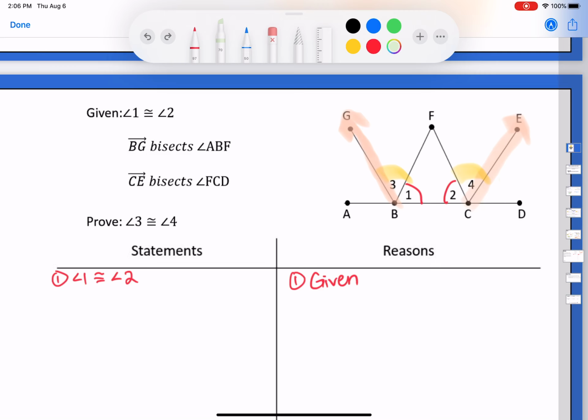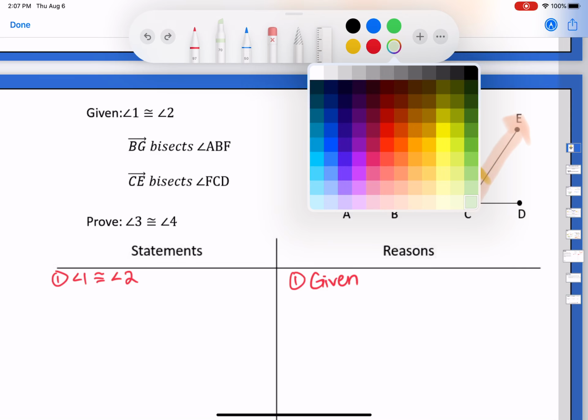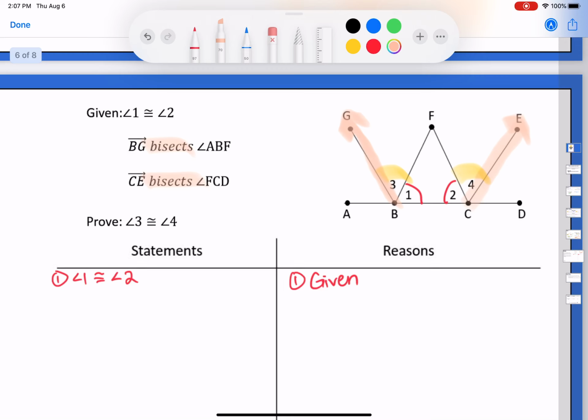I have the word bisect though, and so hopefully, maybe I could use the multiplication or the division property since I have the word bisect. Well, if I was going to use multiplication or division, I'm trying to end up with small parts, right? So if I wanted to use the division property, I'd have to have the big angles be congruent in order to get to the little angles.